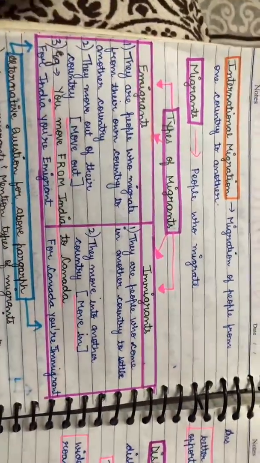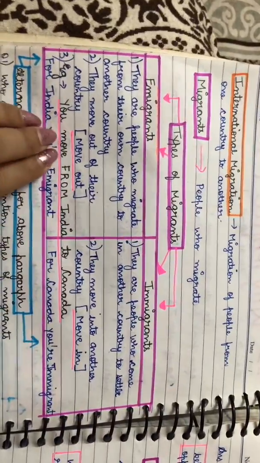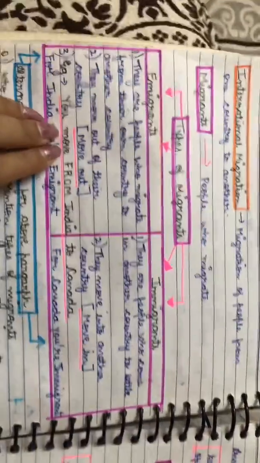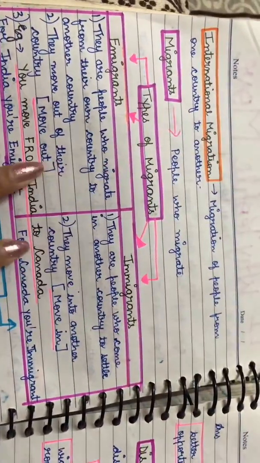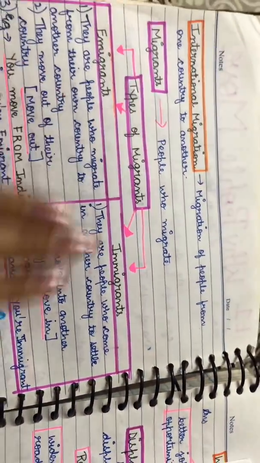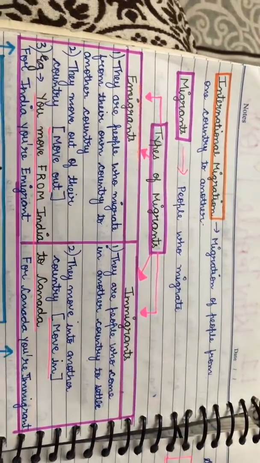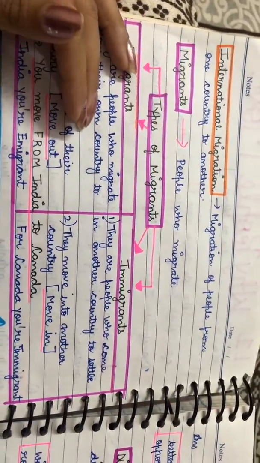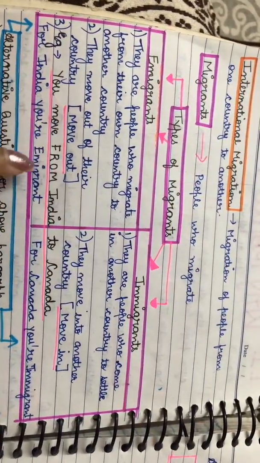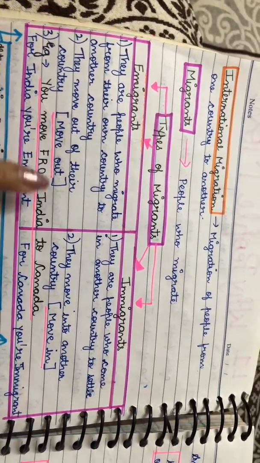Now let's try to understand with an example. We have an example over here that you move from India to Canada. In both situations it is the same example. You have gone from India to Canada. So in the same case, what will you be? Because you are moving out of India, so you become emigrant to India. You are citizen of India.